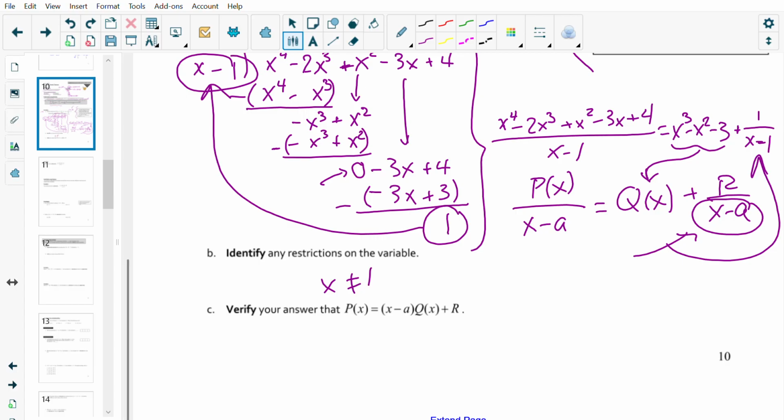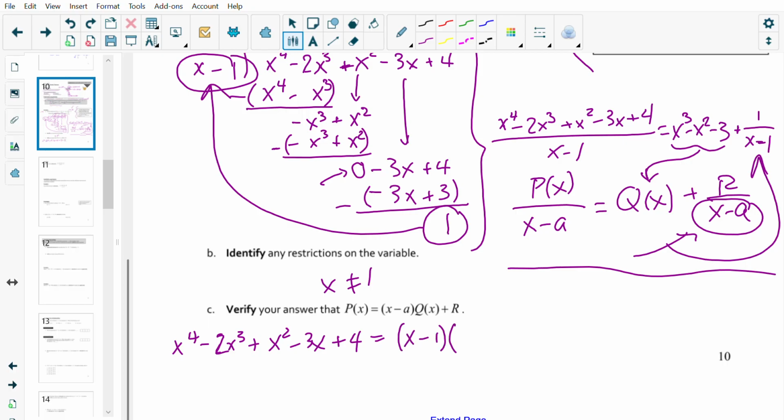Verify your answer: p of x equals x minus a times q of x plus r. So we have all our pieces over here. P of x, x to the 4th minus 2x cubed plus x squared minus 3x plus 4 equals x minus a, which is x minus 1. That's your divisor. The quotient is x cubed minus x squared minus 3, and my remainder is 1.